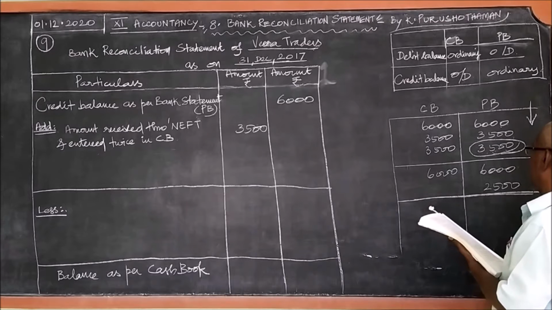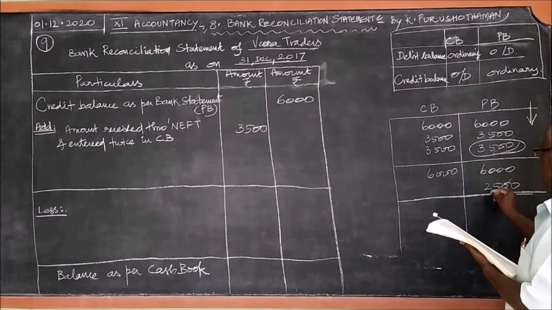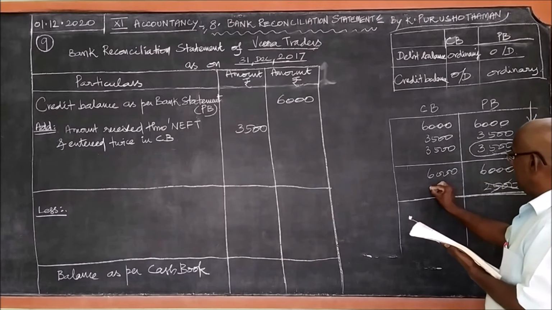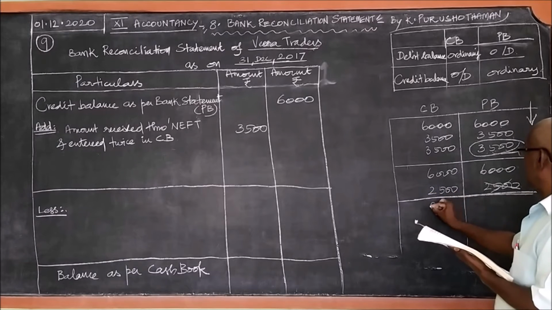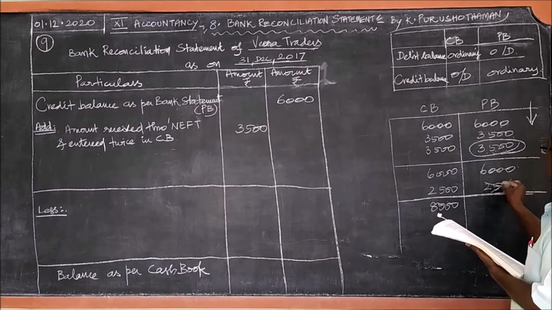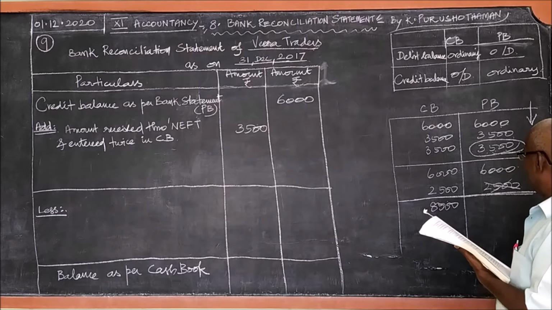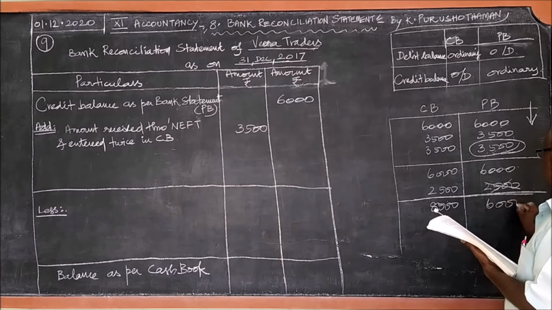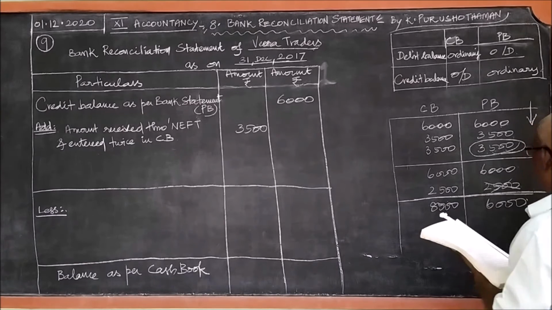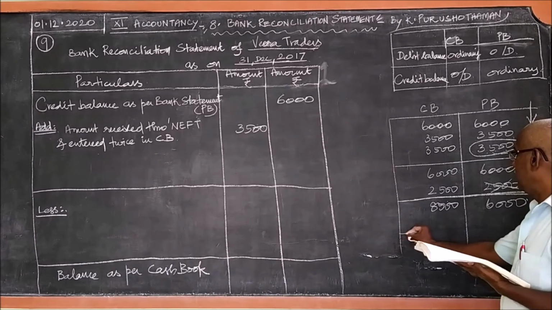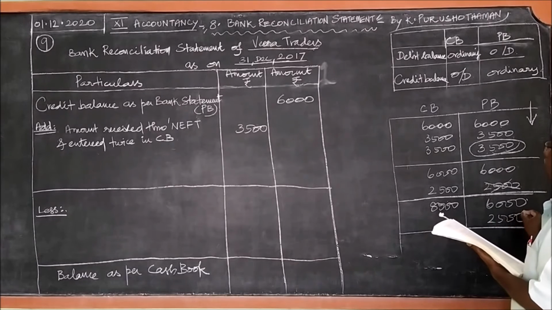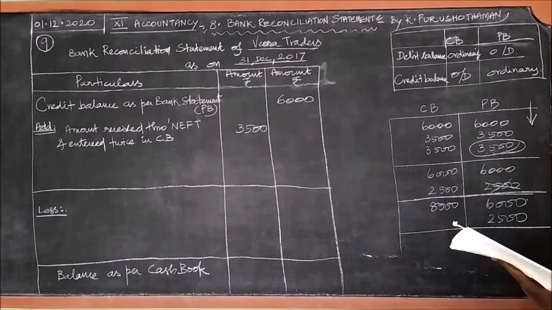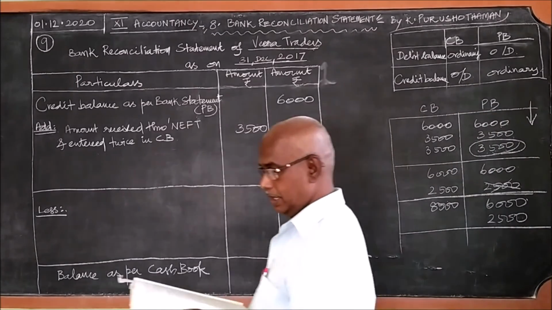What happens? Discounted, there is no entry in the passbook. But here it is, the check will be 2,500. This is 8,500 in the cash book. But this is the discounted. Check amount has not come, so the same amount will be there in the passbook. So to equalize, what we have to do, we should add this 2,500 in the passbook. We should add this 2,500.